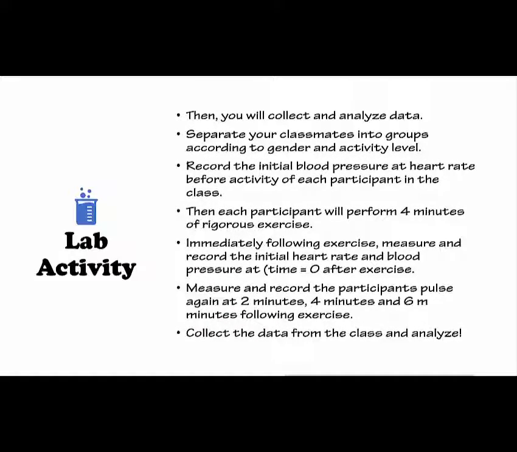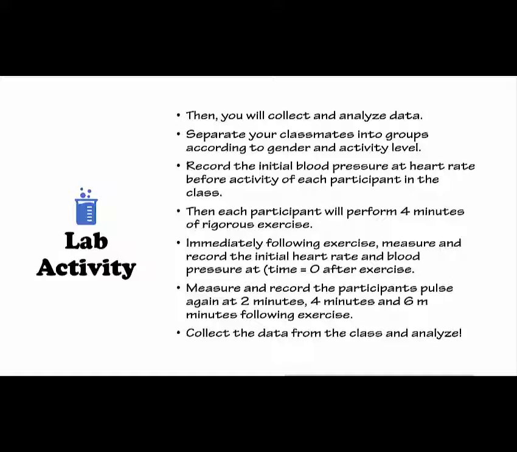Next, you will collect and analyze data. Separate your classmates into groups according to gender and activity level. Record the initial blood pressure and heart rate before activity of each participant in the class. Then, each participant will perform 4 minutes of rigorous exercise.